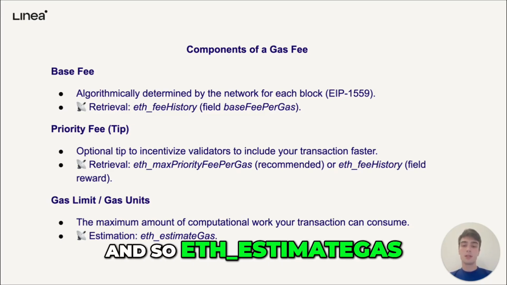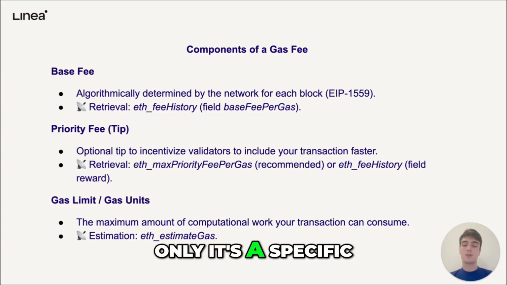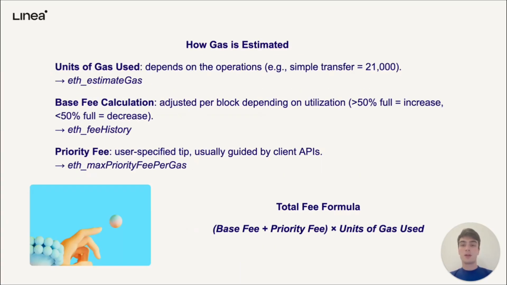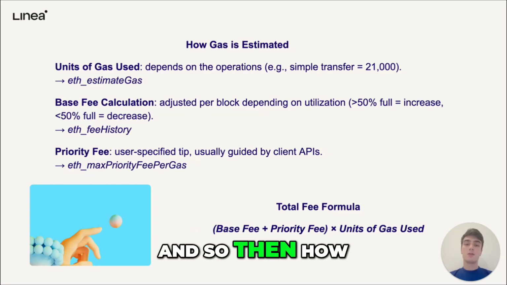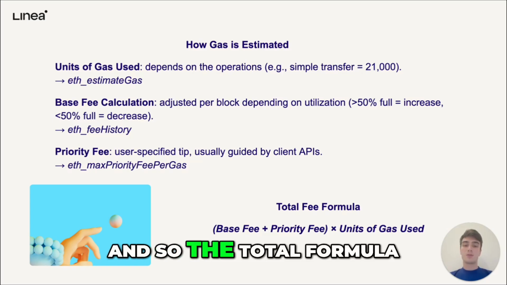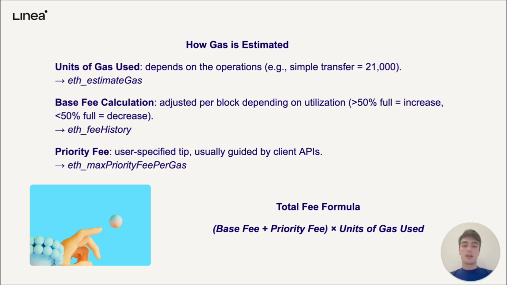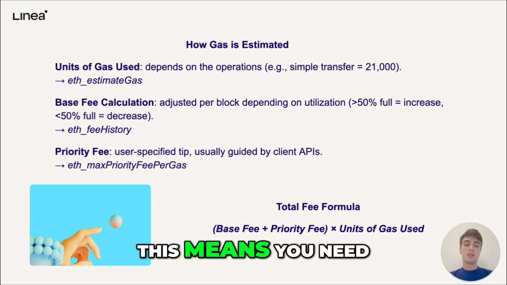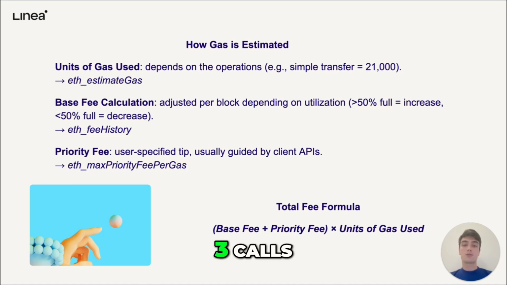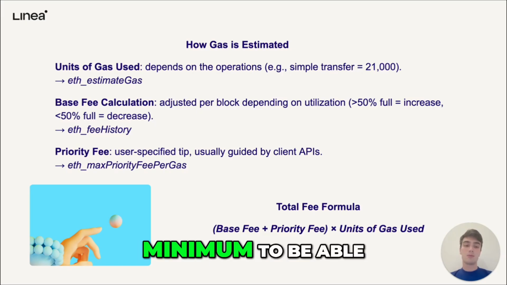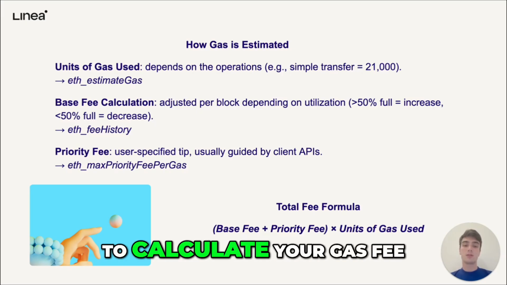So ETH estimate gas is a specific function just to get this gas limit. Then you need to do a calculation with those three values. The total formula is the base fee plus the priority fee, multiplied by the units of gas used, right? And so this means you need to do 3 calls minimum to be able to calculate your gas fee.